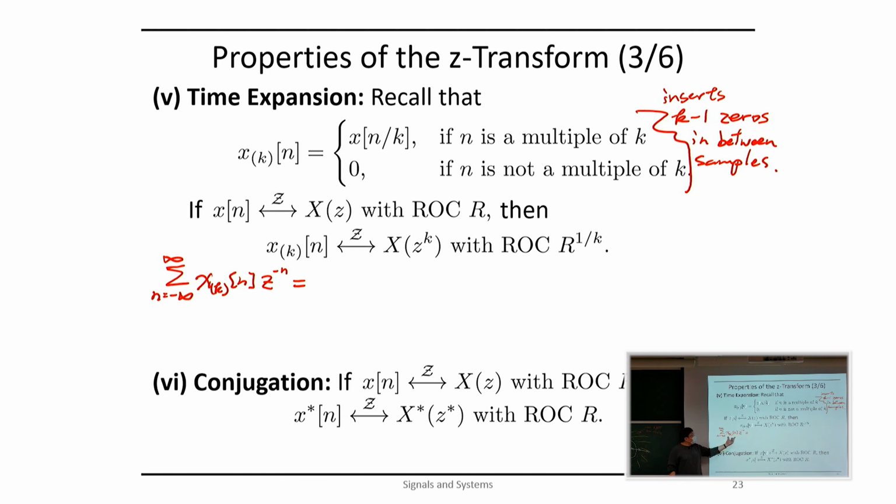Now this signal is non-zero only for n that is a multiple of k. So I am actually just summing over n that are multiples of k.